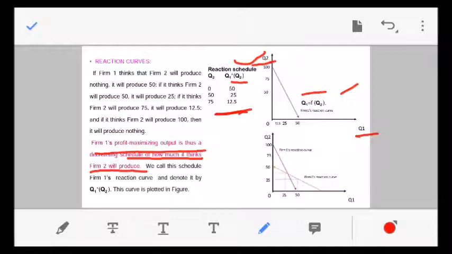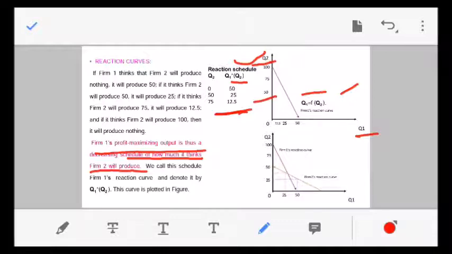1. If farm 2 produces 50, farm 1 production will be 25, and if farm 2 produces 75, then farm 1 produces 12.5. Okay, so it is the expected output of farm 1.